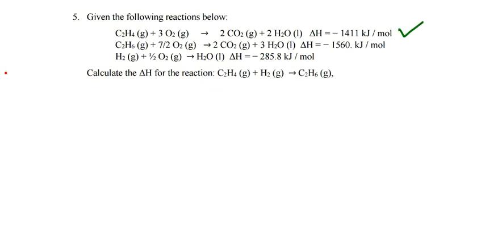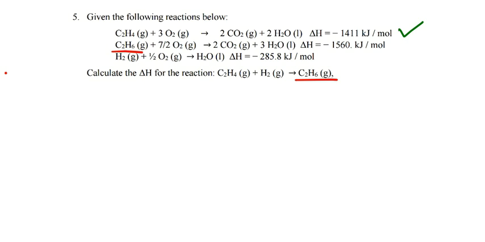The second one, I can see ethane there, I can see oxygen there, I can see carbon dioxide, I can see water there. Anything that is appearing in this equation that you can see? I personally can see something. Okay, so ethane, this one there, is actually appearing, except it's on opposite sides. So what should we do?